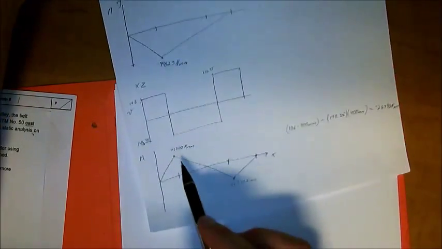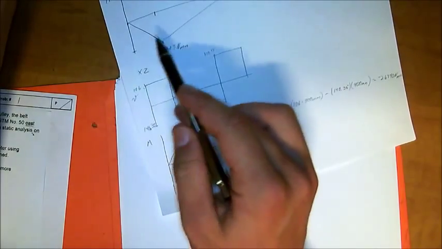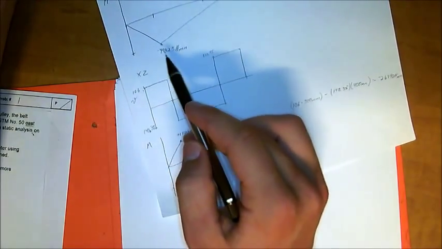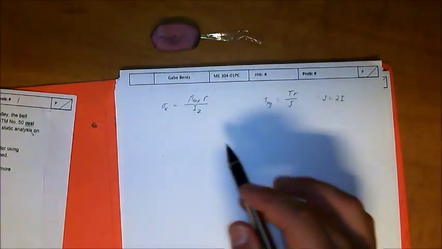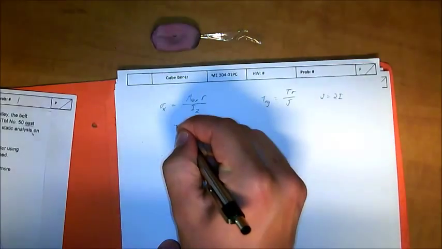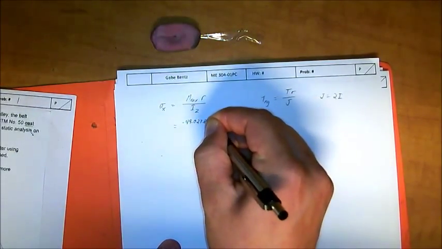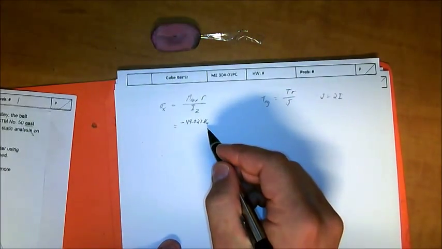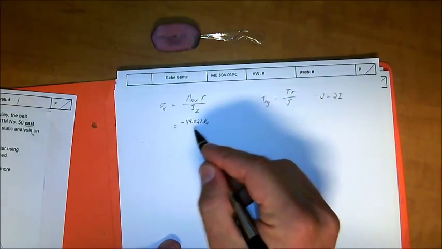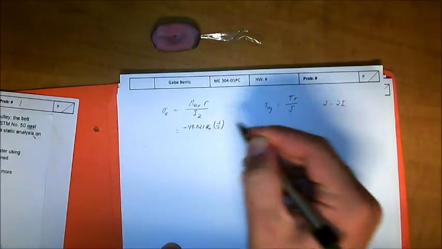So we're going to use that in our stress equation here, which is then equal to negative 49.023 Newton meters. As you can see, I just converted the Newton millimeters to Newton meters by moving the decimal point over a little bit. And then r is equal to d over 2, and we're trying to find d using Coulomb-Mohr, so that's going to stay as it is.